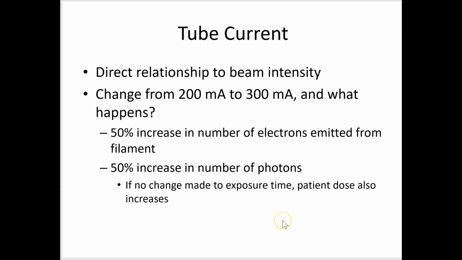All right, so tube current has a direct relationship to the beam intensity. Changing from 200 mA to 300 mA will give you a 50% increase in the number of electrons that boil off, and that gives you a 50% increase in the number of photons created.